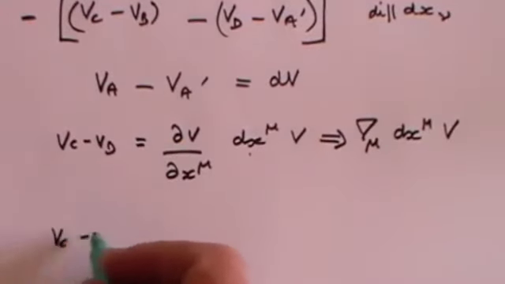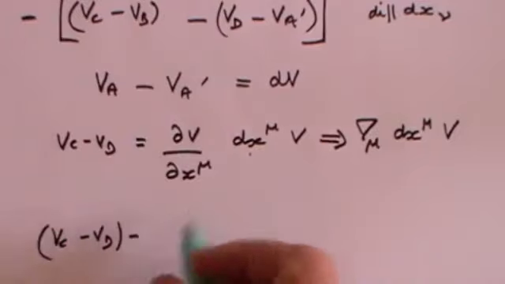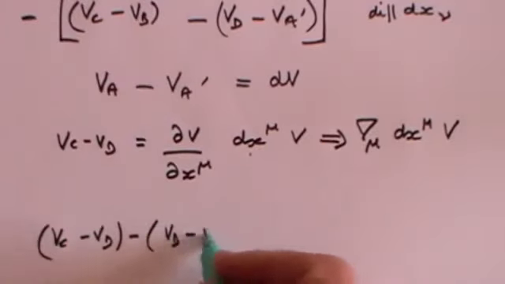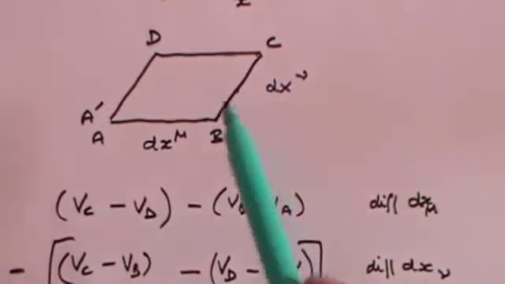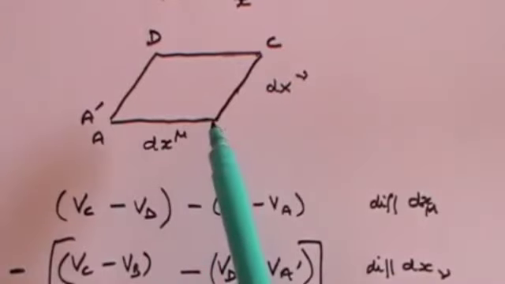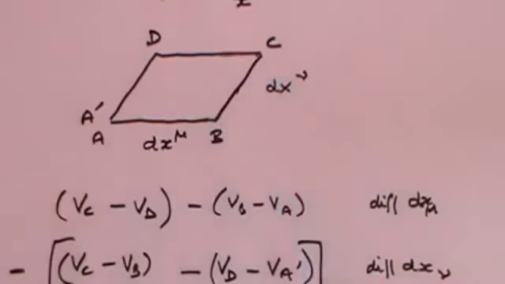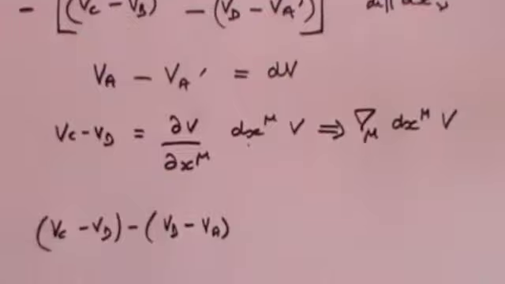So vc minus vd minus vb minus va, which is this term here, is, as I said, the difference in the vectors in those two lines separated by a different distance dx nu.